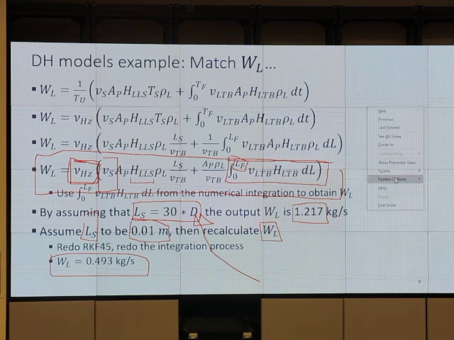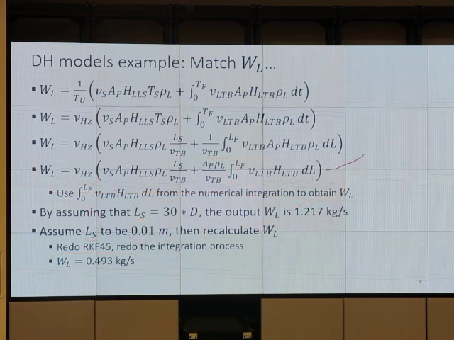Make sense? We can get the velocity, we know the holdup, then we can calculate that integration, and we can add into that equation and see if we have enough WL or not. If it's not enough, we keep solving RK45. Do the integration. Hey, I don't get enough, I do more. We stop when we have mass balance. Okay?